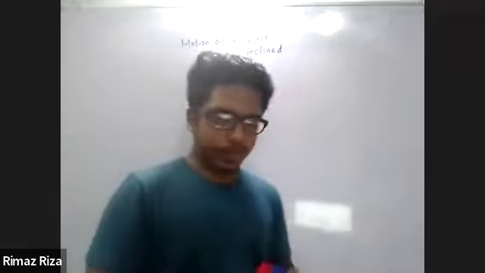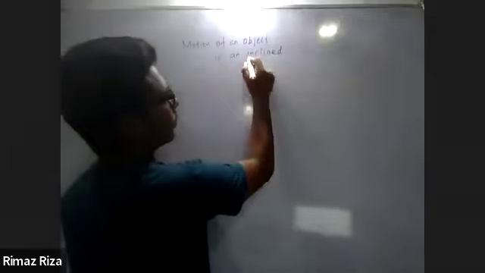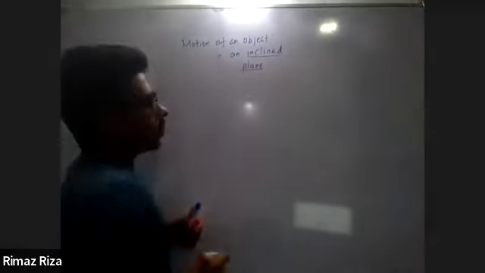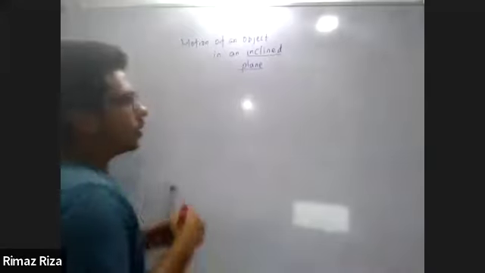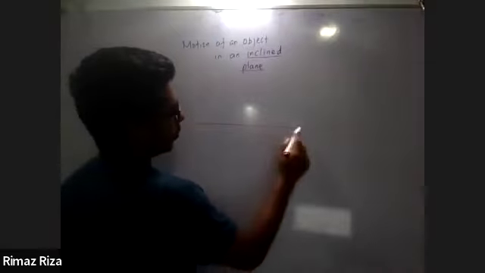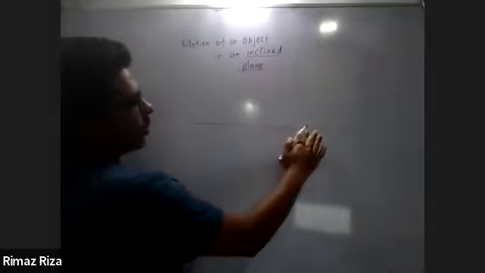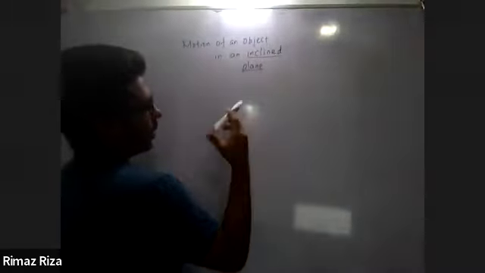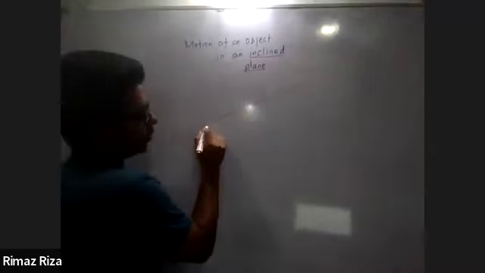Okay, so what is the meaning of an inclined plane? Inclined plane means, now if you take a ground, for example, it's horizontal, right? But rather we have an inclined plane, meaning it makes some angle with the horizontal.